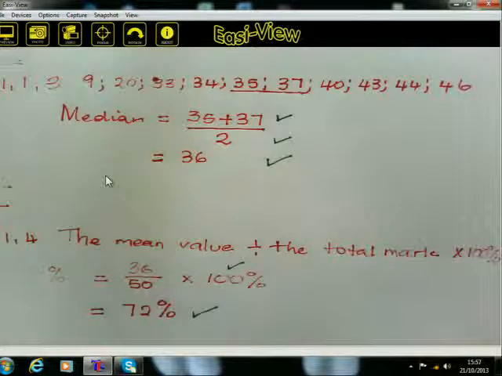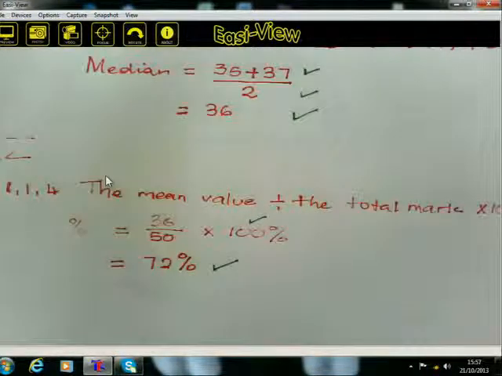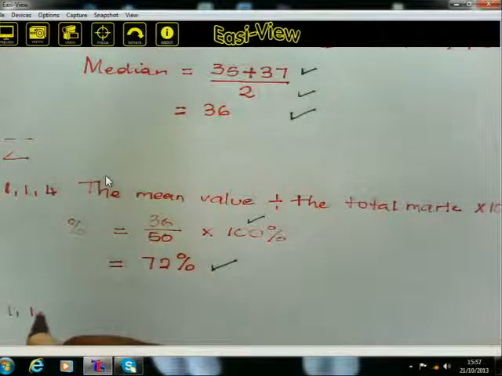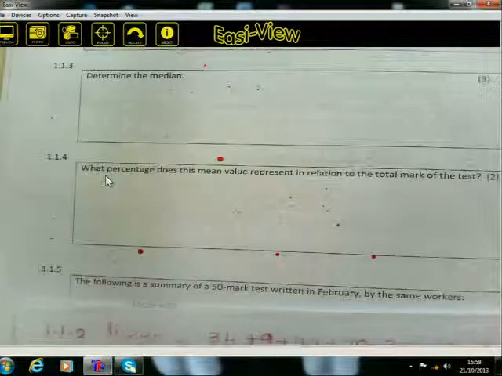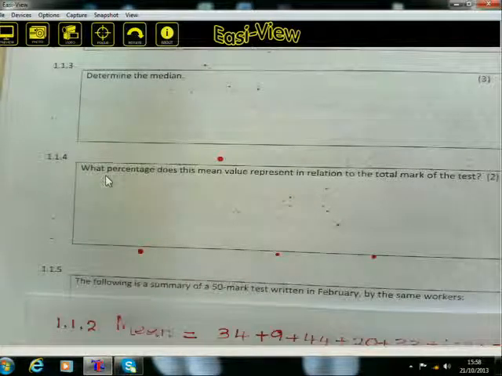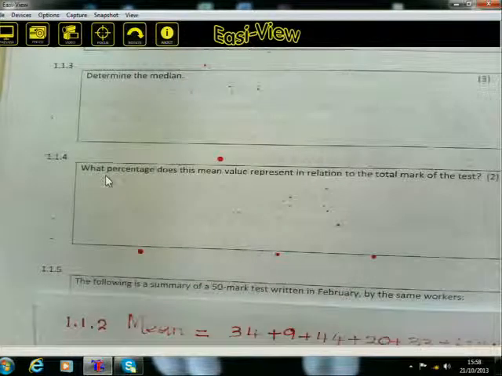Then we can move to another question, which is 1.1.5. Let us read the question. The question says, the following is a summary of a 50-mark test written in February by the same workers.